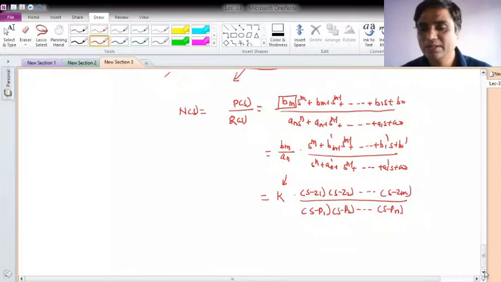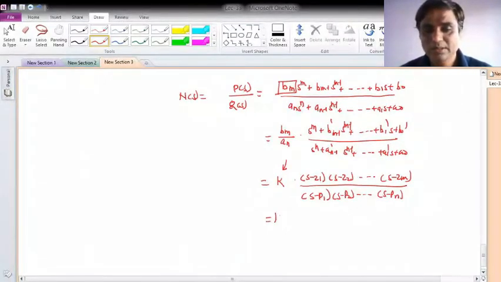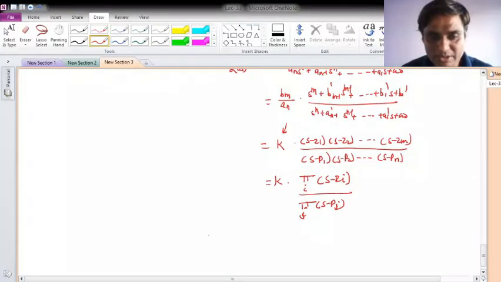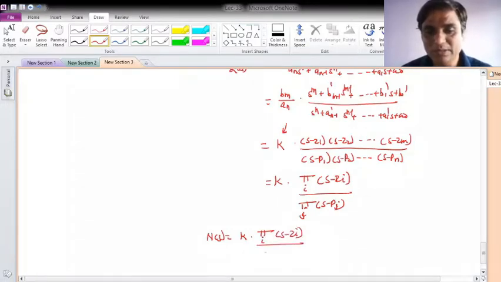With this I can write it as the running product over i of (s minus zi), divided by the running product over j of (s minus pj). So the overall network function, which was real and rational, has been expressed as k into the product of (s minus zi) divided by the product of (s minus pj).